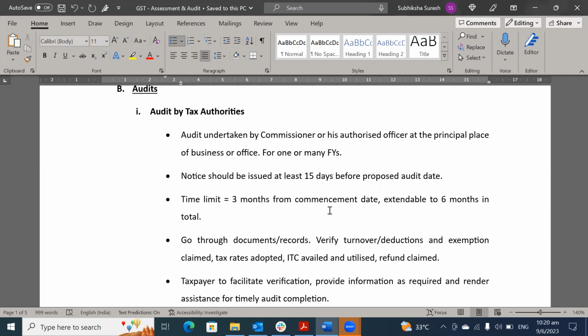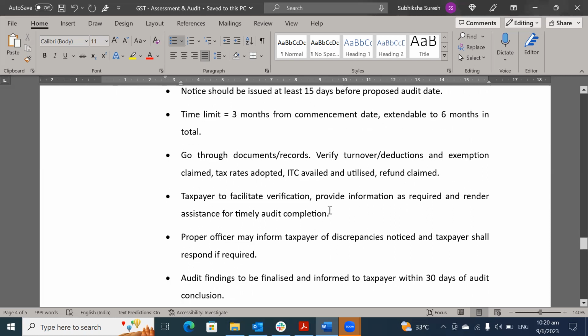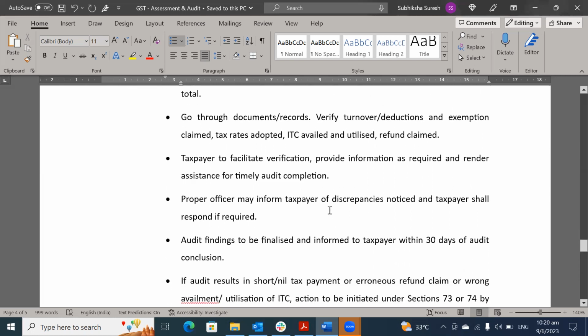Within 3 months from the commencement date of the audit, the audit has to be completed by the tax authorities, which will be submitted to the proper officer. Then the proper officer will intimate the taxpayer regarding the discrepancies and the final tax liability. Such audit findings have to be finalized and informed to the taxpayer within 30 days of the audit conclusion.